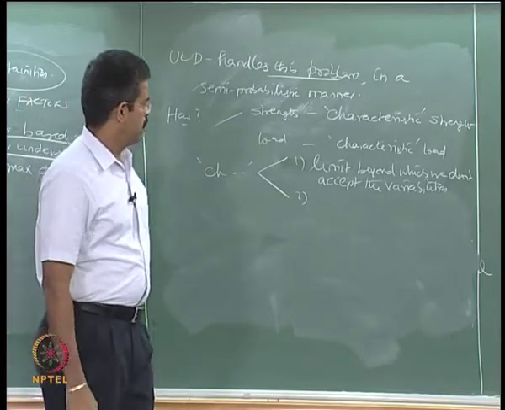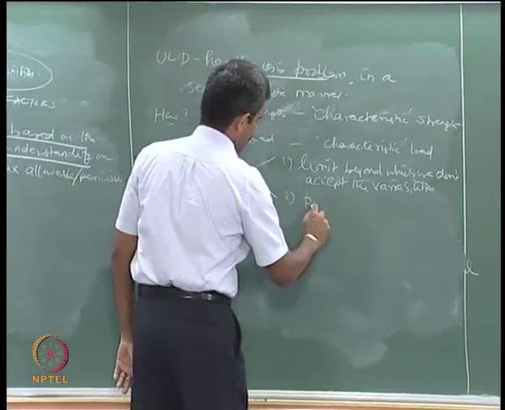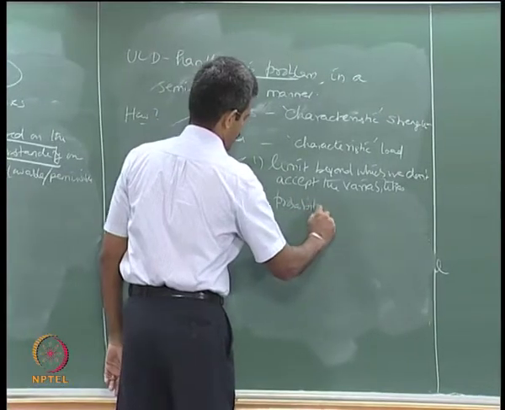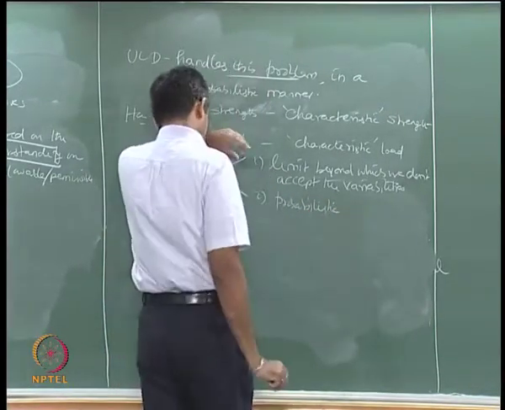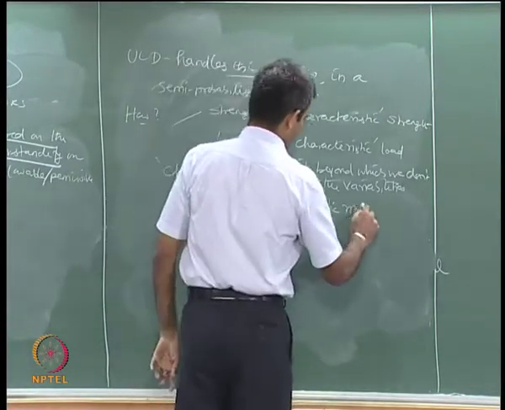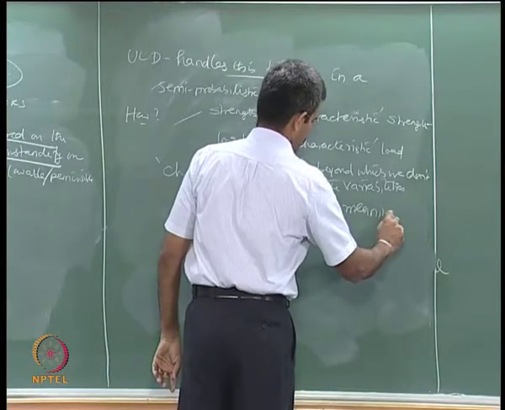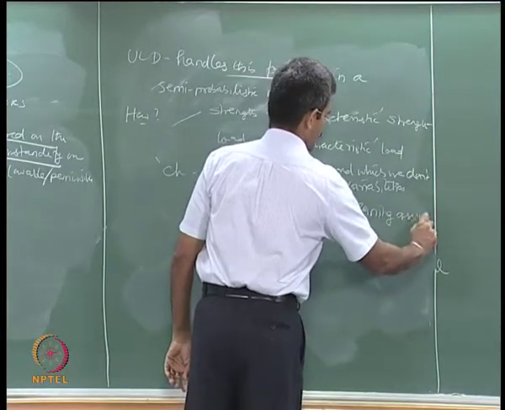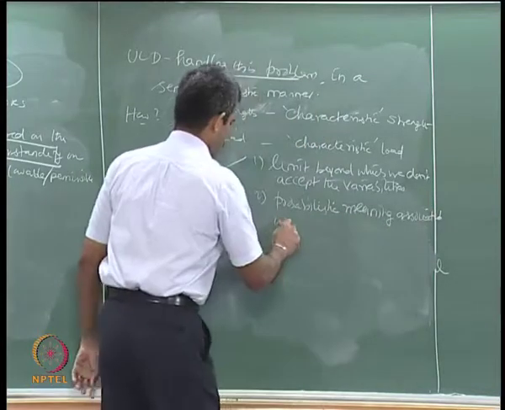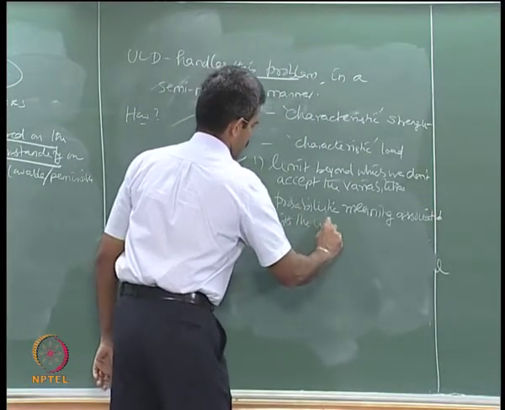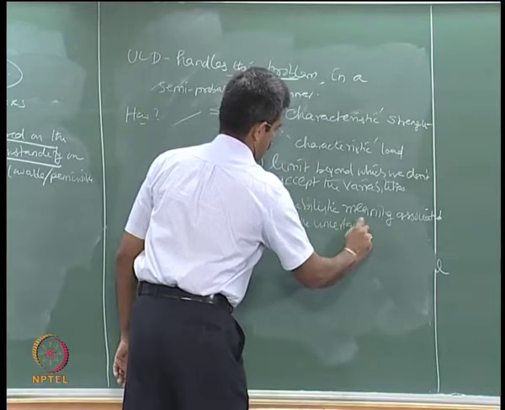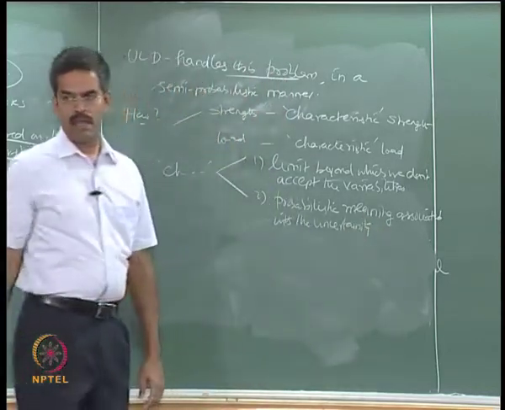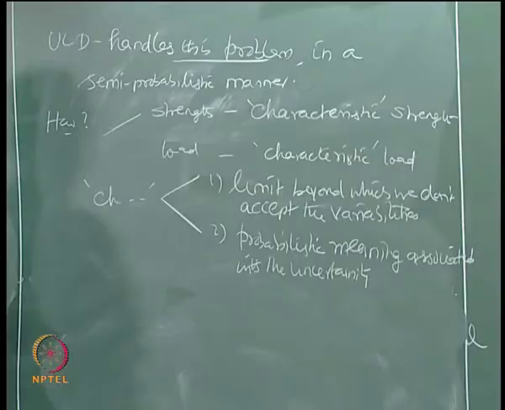Two, the probabilistic meaning associated with the uncertainty. It gives a probabilistic meaning to the uncertainty.